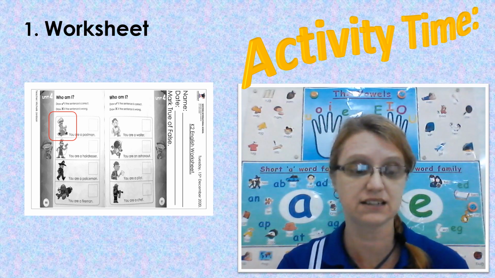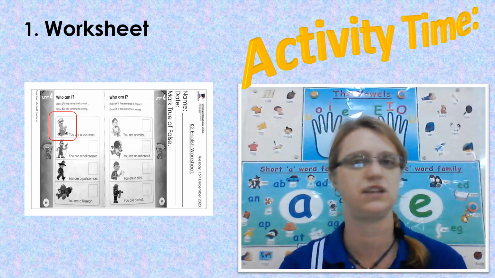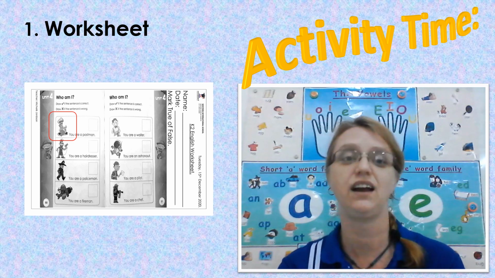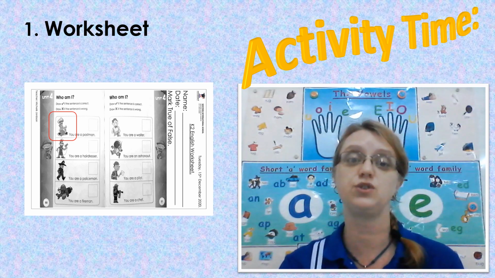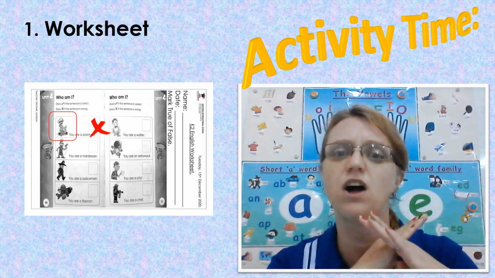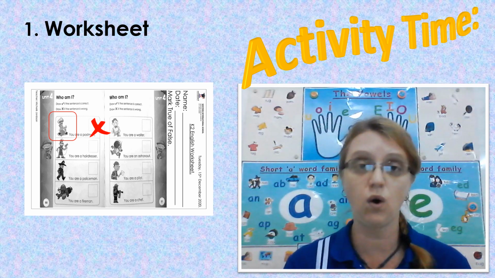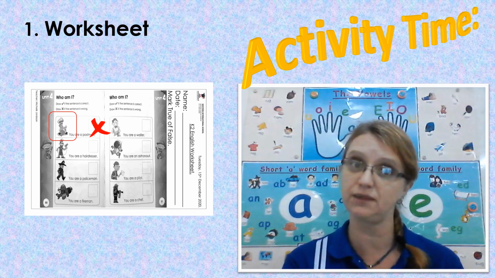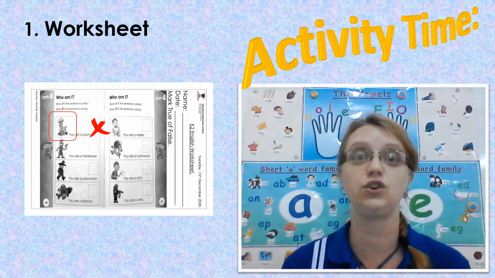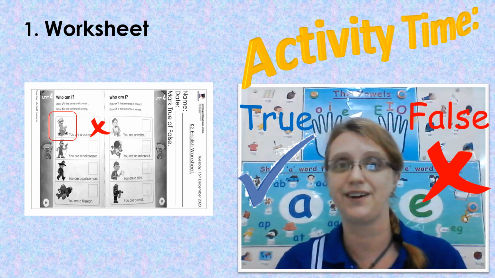So let's read the sentence. You are a postman. That does not sound right. That's not right. No. Okay. That means you're going to, in that block, you're going to put a cross because it's false. Okay. And you're going to go through all of the pictures, look at the picture, read the sentence, and then you put a tick if it's right and put a cross if it's wrong. Okay.